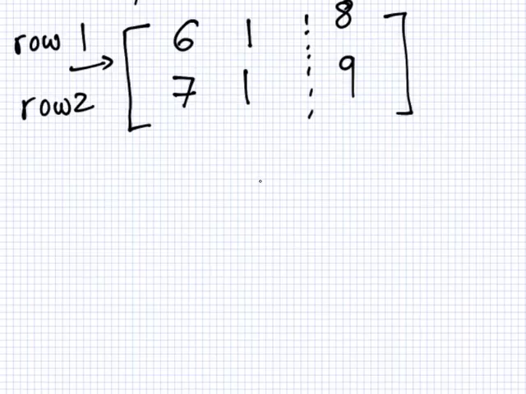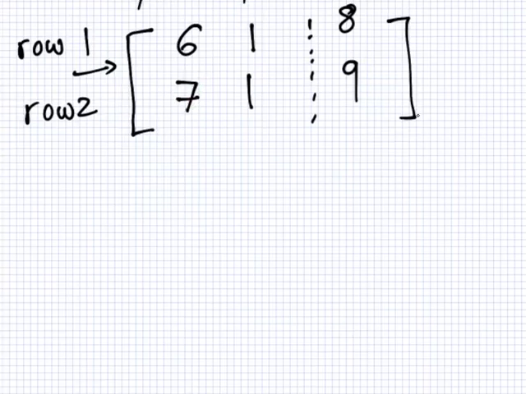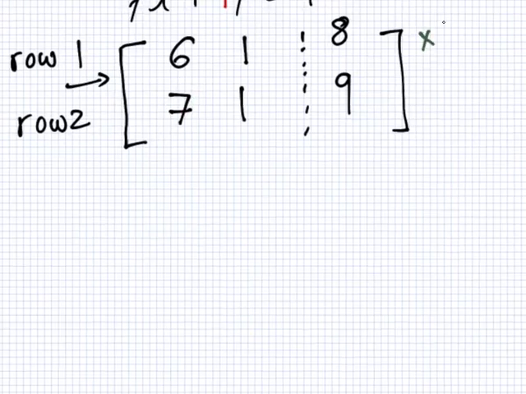So, in this example, it's easy. I'll show you an example. I want to get a 0 here. So I'll multiply this by 7 and I'll multiply this by 6.